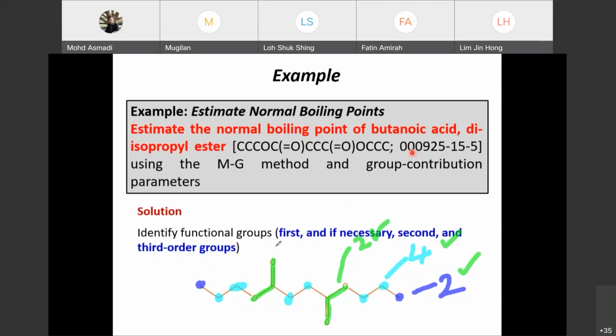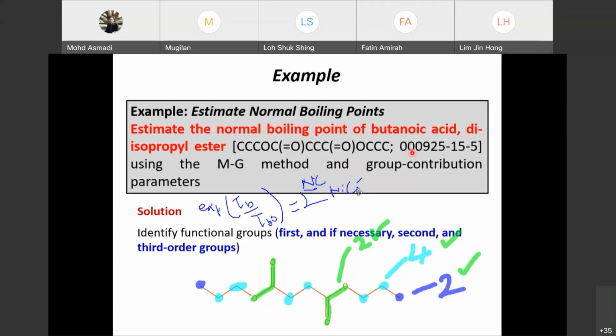You can calculate first by using the equation for the boiling point. The equation is exponent of TB divided by TB naught equals the sum of number of occurrence times C_i for first order.